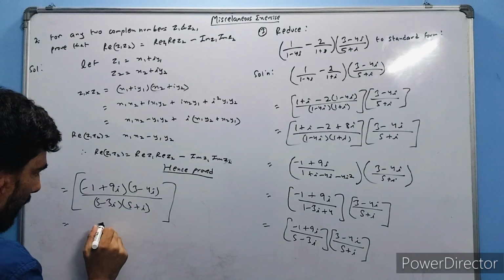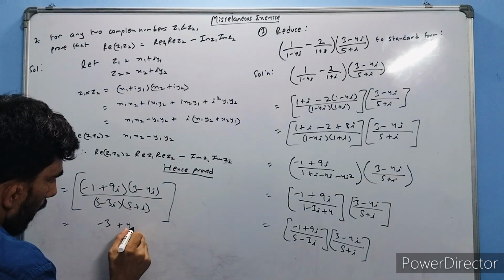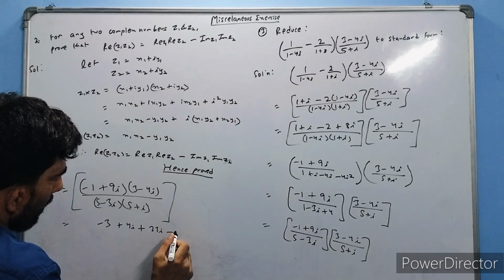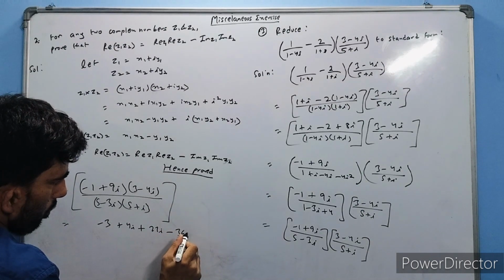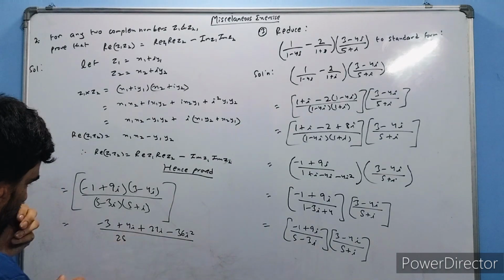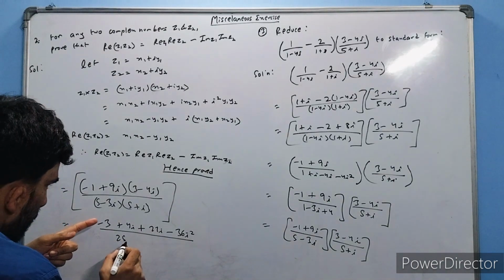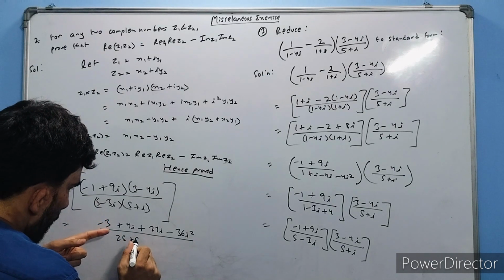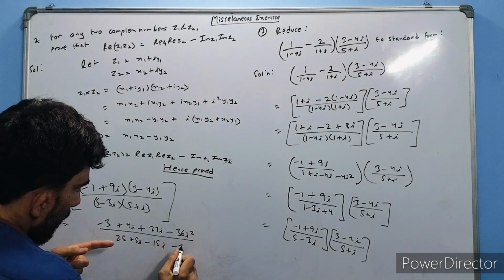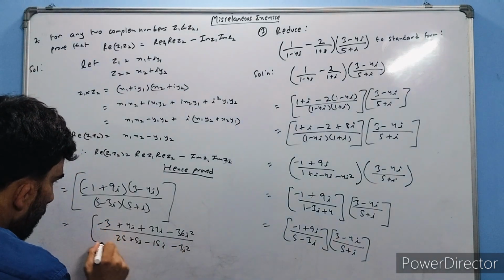So it will be minus 3 plus 4i minus 27i minus 36i square upon 25. We have 25 plus 5i minus 15i minus 3i square.